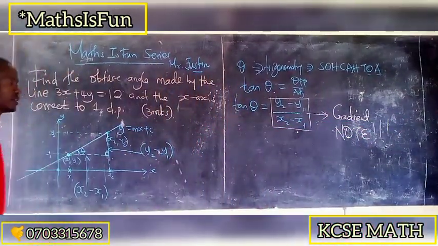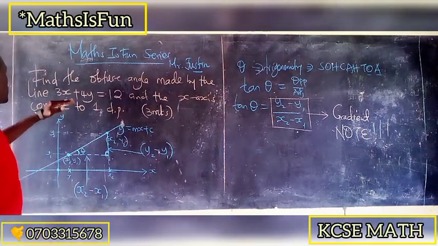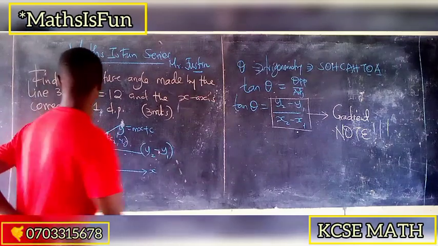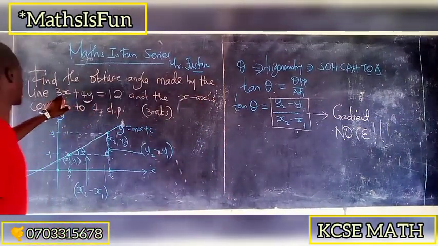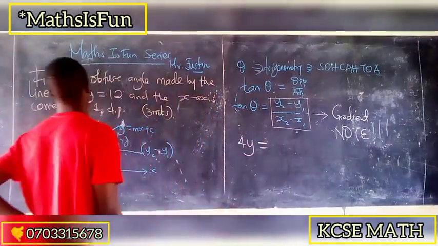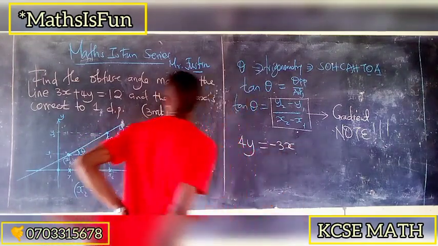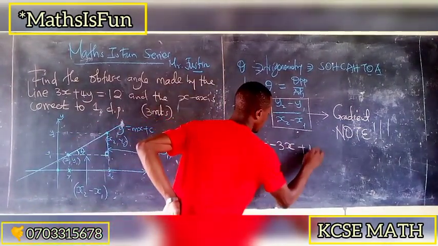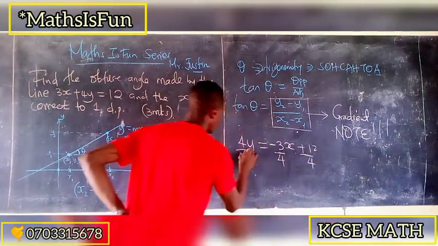Now, what we'll do here is to go back to the equation of the line. We express it in the form y is equal to mx plus c. We get 4y is equal to negative 3x plus 12, all over 4.